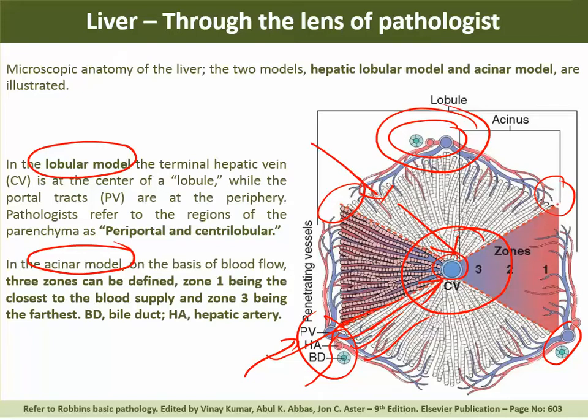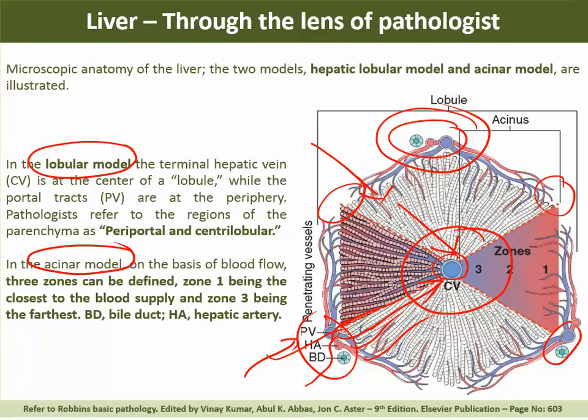The centrilobular area will receive less oxygen, because the oxygen-rich blood enters the portal triad, and the surrounding tissue will take up the oxygen. So the oxygen level will be reduced when it goes to the central vein. So we have a periportal area and the centrilobular area. Now if there is ischemia, which area will be affected? The centrilobular area will be affected, because it normally receives less oxygen.